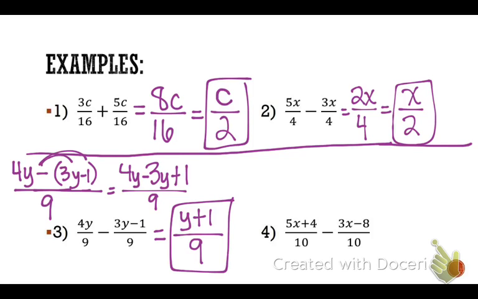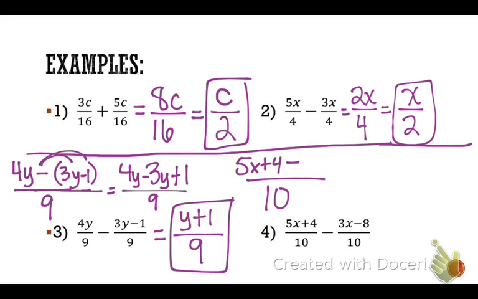Okay. So on number 4, same idea. My denominator is a 10. And my numerator, I have 5x plus 4. I'm not going to worry about putting that one in parentheses because there's nothing out in front of it.